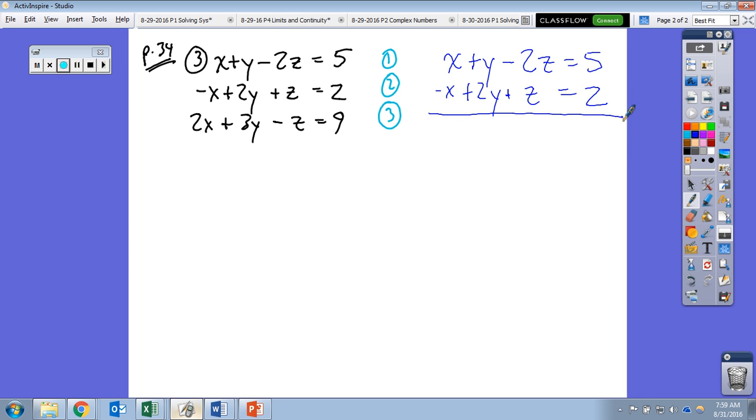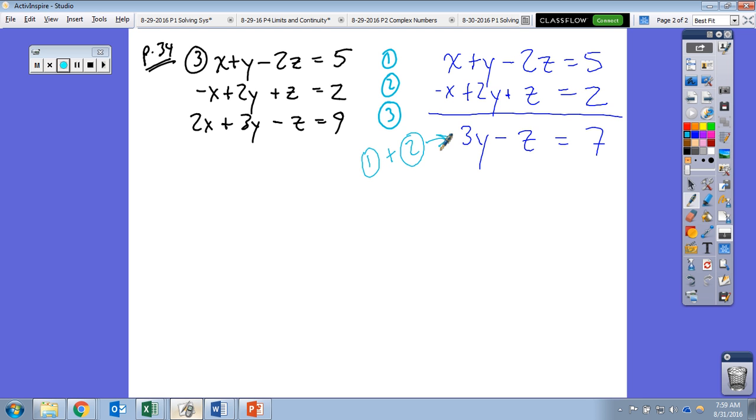That was the whole reason that we're doing this. y plus 2y is 3y. And negative 2z plus z is negative z. And 5 plus 2 is 7. So to be clear, this was basically equation 1 plus equation 2.